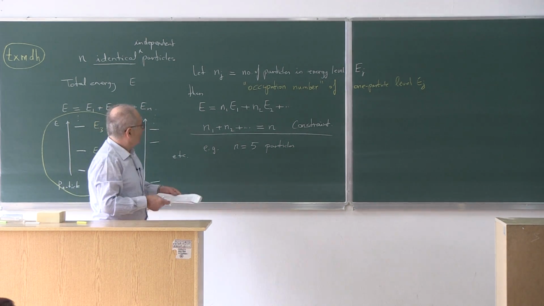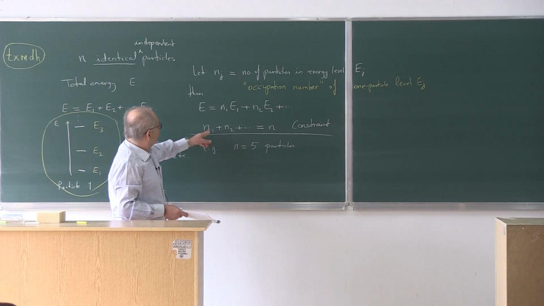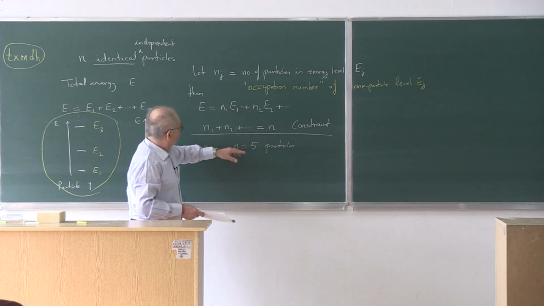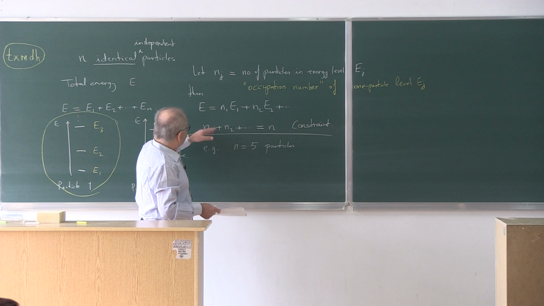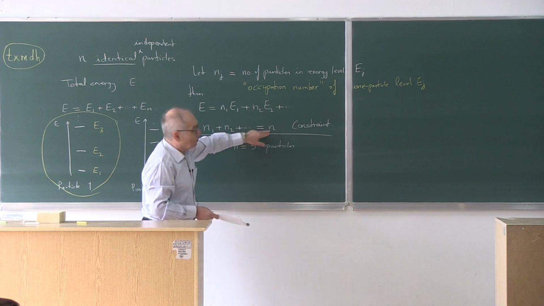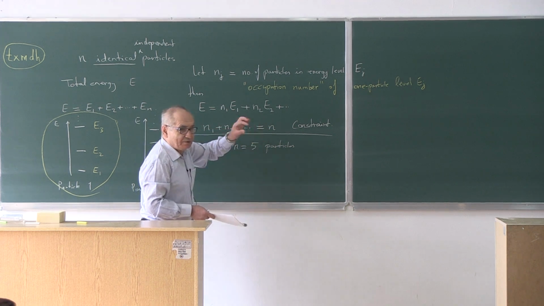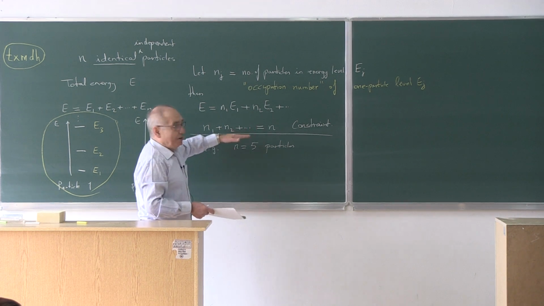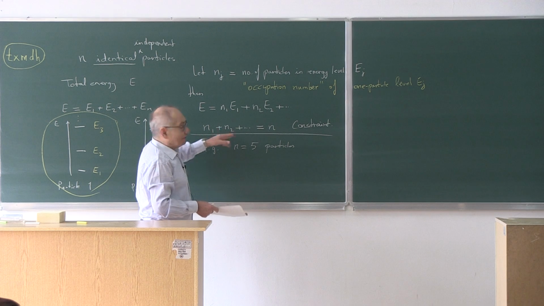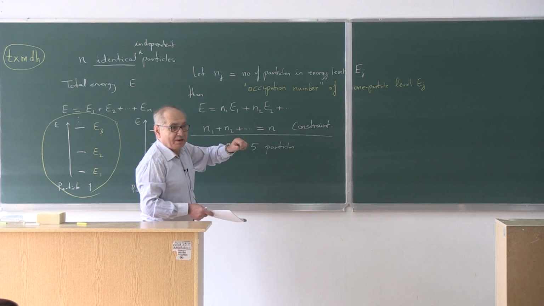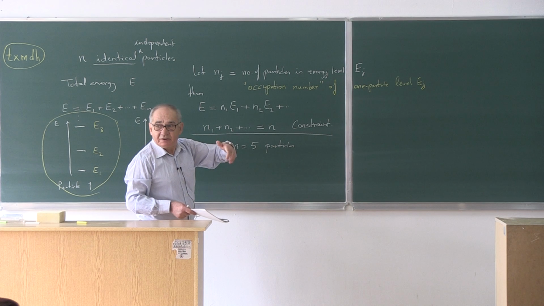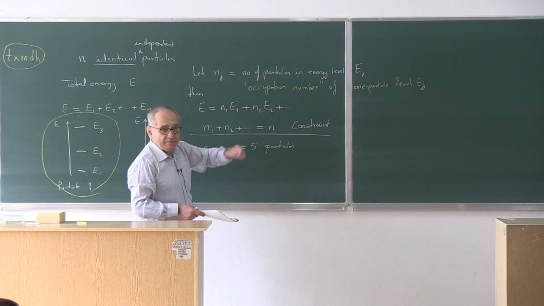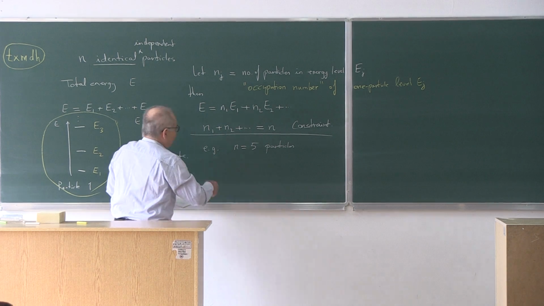And any selection of N1, N2, N3, and so on, such that when you add them up, you will obtain 5, because the total number of particles in this example is 5. Any selection of N1, N2 with such a constraint is a permitted, possible value for the total energy.